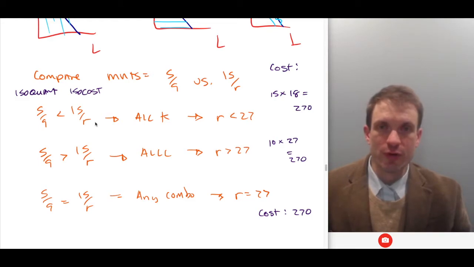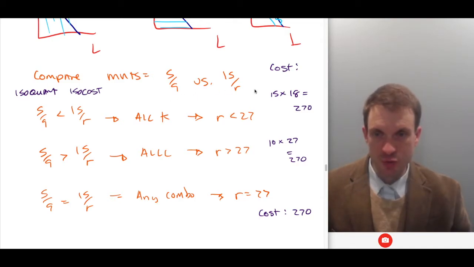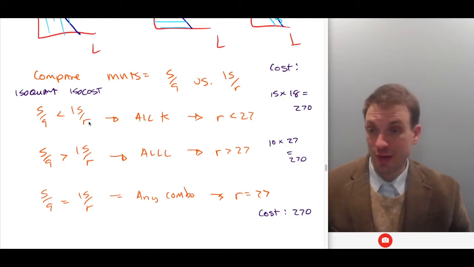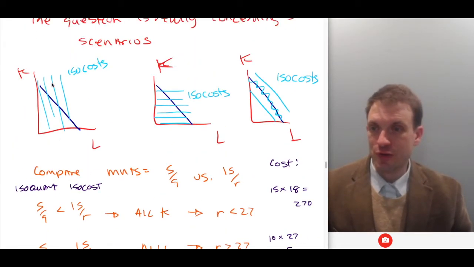So for perfect substitutes cost minimization, we're comparing the marginal rate of technical substitution, the slope of the isoquant, to the slope of the isocost. We have the marginal product of labor, marginal product of capital, and wage rate. We're missing the rental rate of capital. If R is less than 27, think of R as 1, this fraction is bigger than 5/9. So we have steep isocosts.